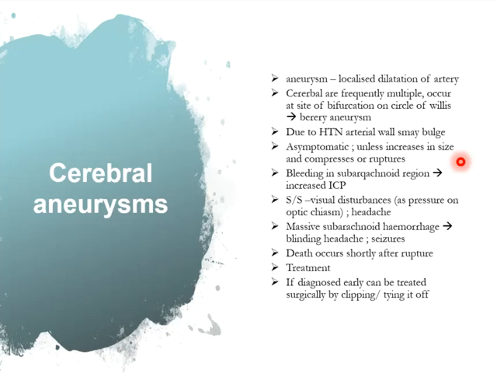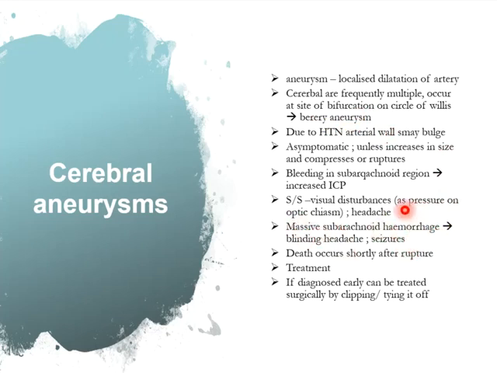If it ruptures, there is bleeding in the subarachnoid region leading to increased intracranial pressure. Signs and symptoms can be visual disturbances as pressure is coming on the optic chiasma, as we just discussed, the perianeurysm. There can be headache also. Massive subarachnoid hemorrhage can lead to a blinding headache and seizures.